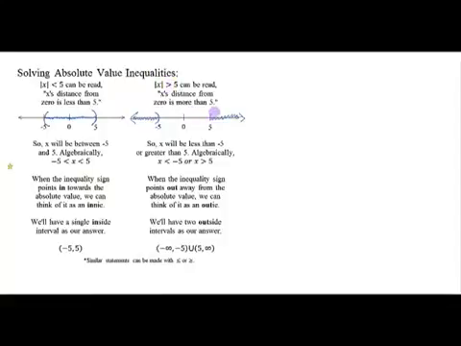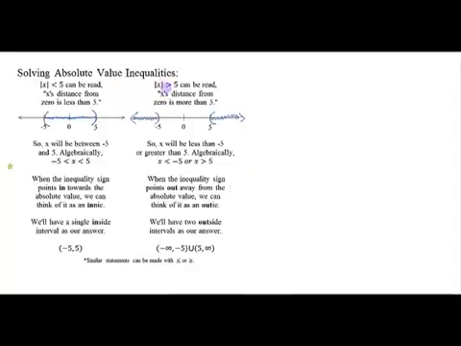And since we have a strict greater than, we'll put rounded parentheses. So x will be less than -5 or greater than +5 for it to be more than 5 away from 0. Algebraically, this is x is less than -5 or x is greater than 5.